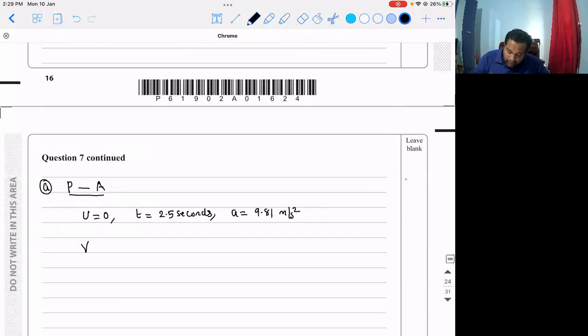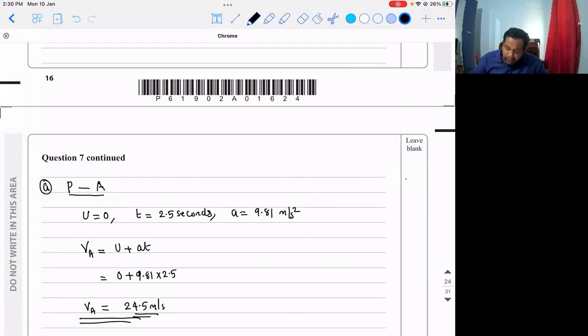We can use the formula VA equals U plus AT. Since U is 0, VA is 9.81 times 2.5. So please calculate this. That will give 24.5 meters per second. So that is the answer for the A part.